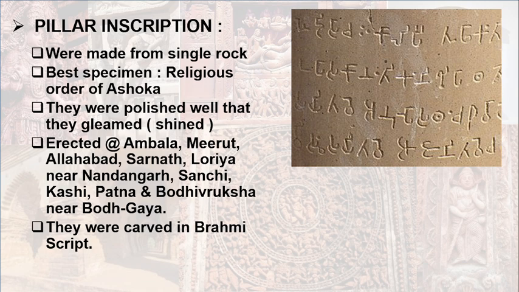They were polished so well that they gleamed. Erected at Ambala, Meerut, Allahabad, Sarnath, Lauriya near Nandangarh, Sanchi, Kashi, Patna, and Bodhi Vriksha near Bodh Gaya. So here are the locations where we find the pillar inscriptions.